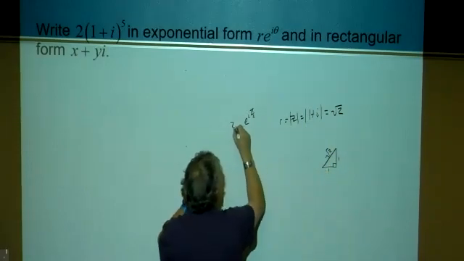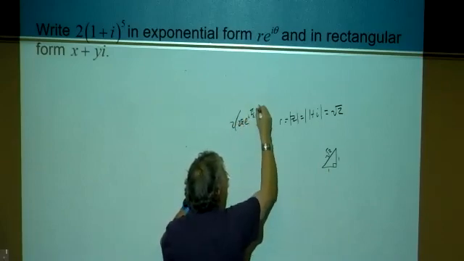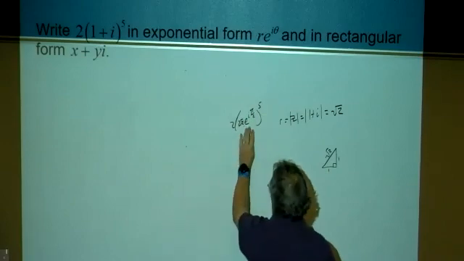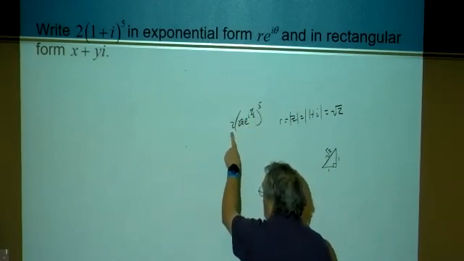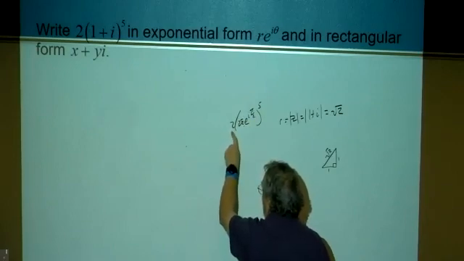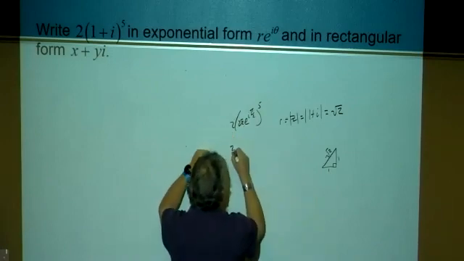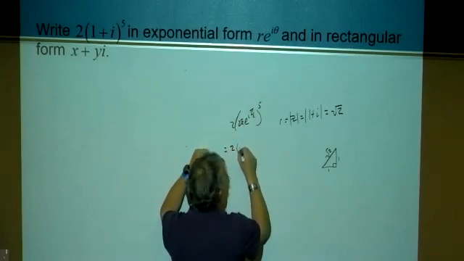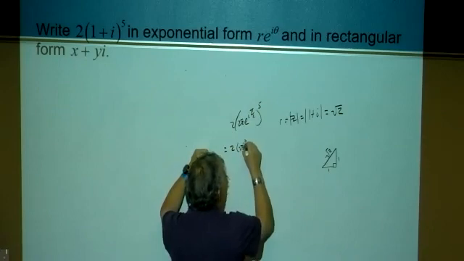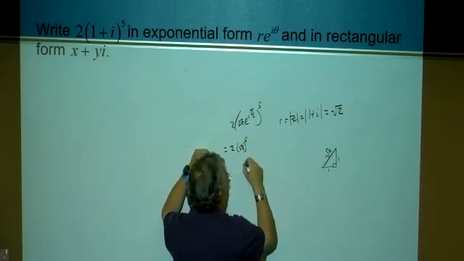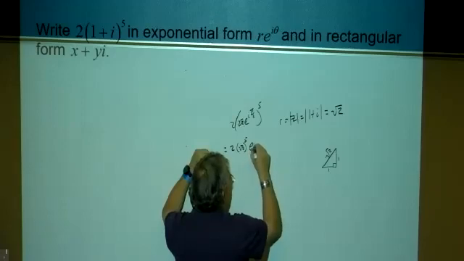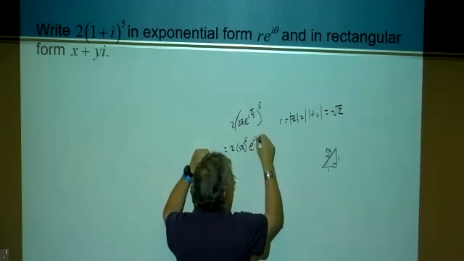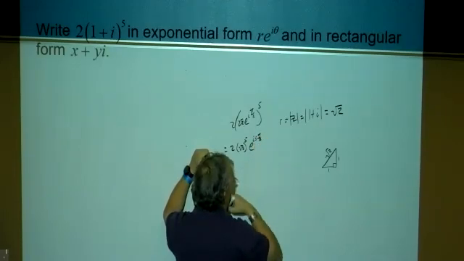And so it's going to be 2 times the square root of 2 being raised to the 5th power. So this is what we're raising to the 5th power, not the 2. So now we're going to have 2 times the square root of 2 raised to the 5th power times e to the i 5 times pi over 2.